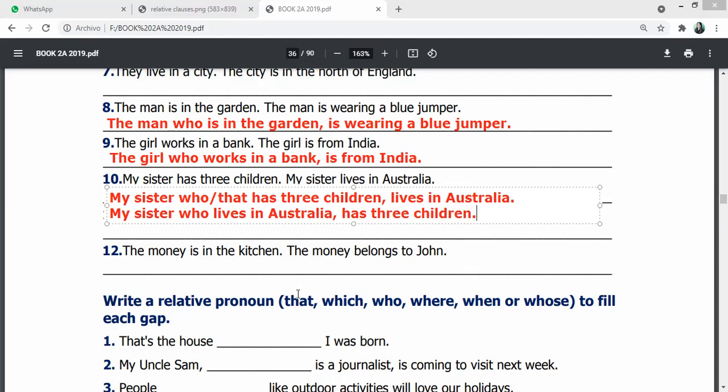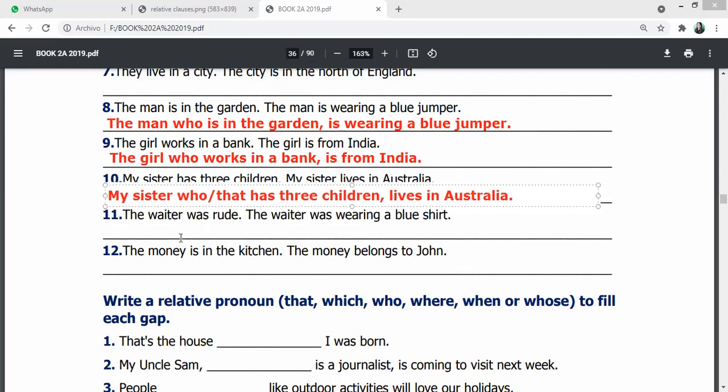But also we can use who or we can use that. We can use both. Who, that, or which. But in this case, I'm using who because we are talking about a person. So in this case, just the first one, right? My sister who has 3 children.